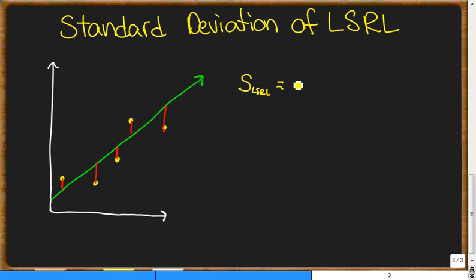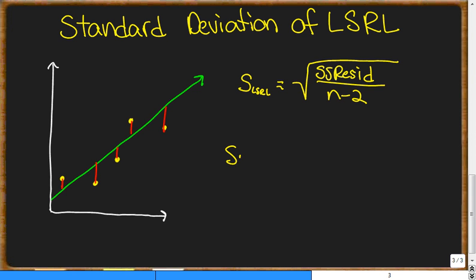It is the square root of the SS residuals, which we talked about earlier, the sum of our residuals squared, divided by n minus 2.